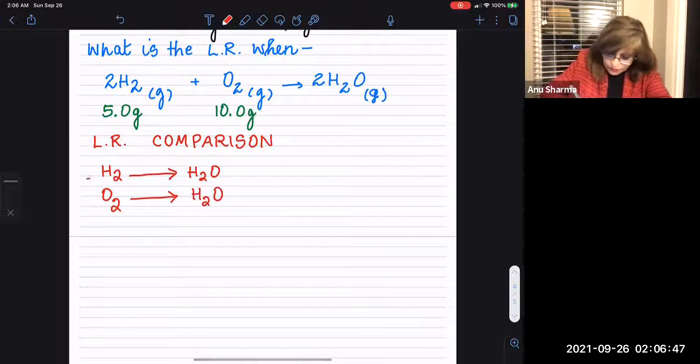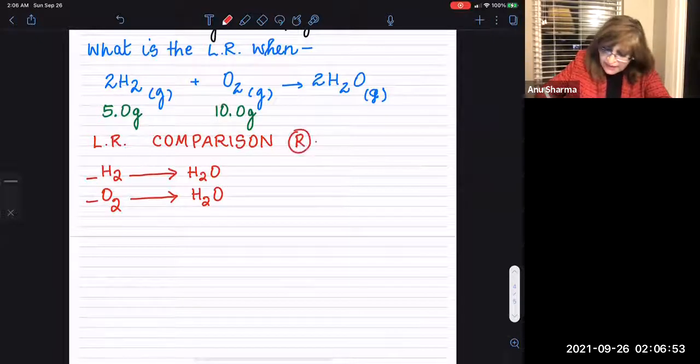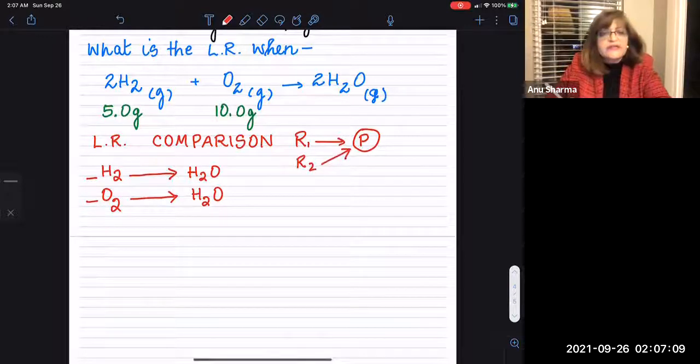And then oxygen, how much water can you produce? You're going to take whatever amount is given to you. It's always between the reactants and the products, so reactant 1 and reactant 2. Both of them, how much of the product can they produce?